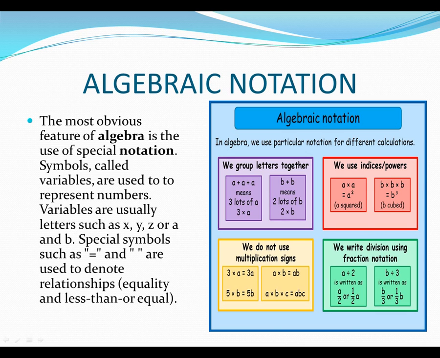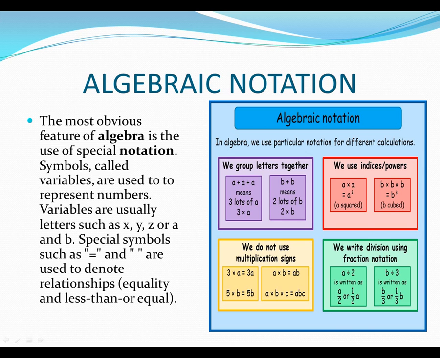For example, we group the letters together as a plus a means 3a. 3 lots of a means 3a, and b plus b means 2 lots of b, which means 2 multiplied by b.